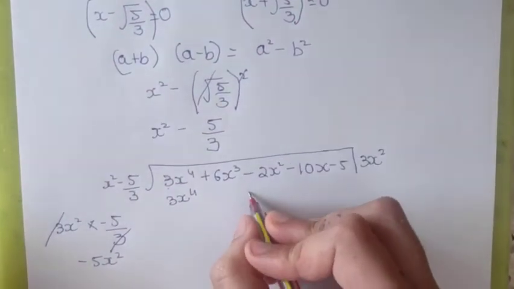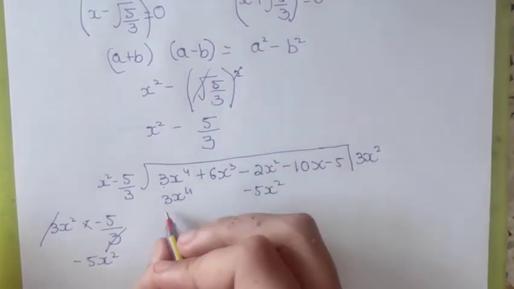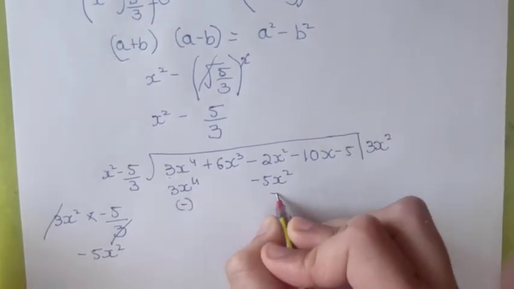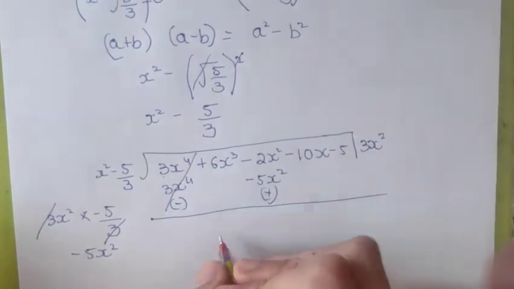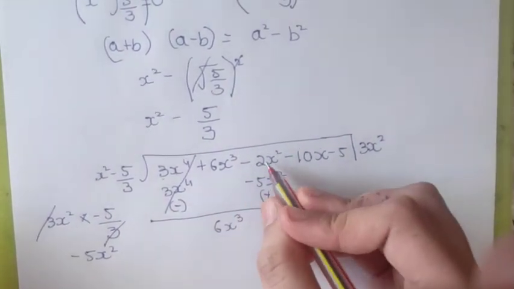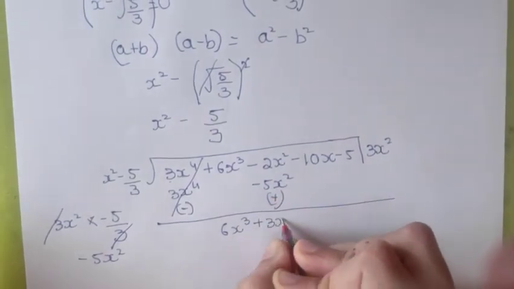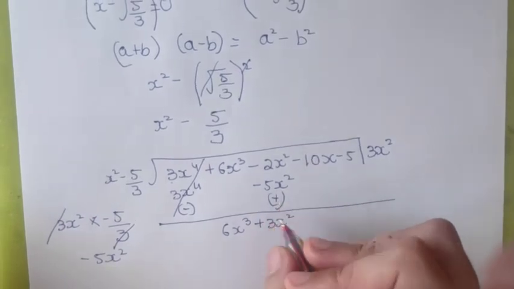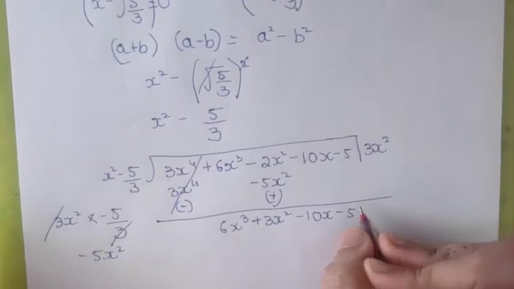We change the sign, so here plus becomes minus. Here plus and minus cancel and 6x cube remains. Here also, minus 2x square plus 5x square becomes plus 3x square because 5 is the greater number and its sign is plus, and then minus 10x minus 5.